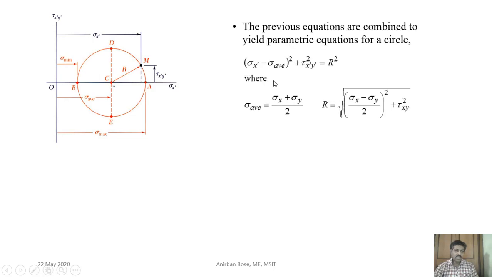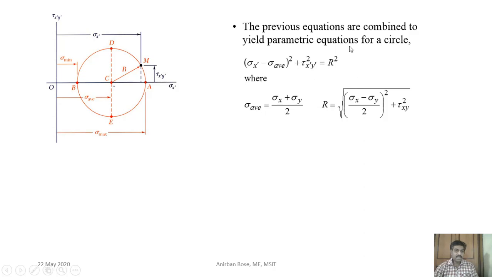Here you can see, if you remove theta, the expression becomes (sigma x prime minus sigma average) whole square plus tau x prime y prime square is equal to r square, where sigma average is this quantity and r is this quantity. If you simply eliminate cos 2 theta and sin 2 theta from the two equations in the last slide, you will find this expression.